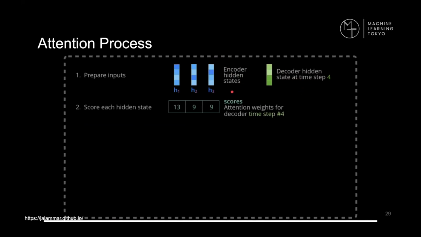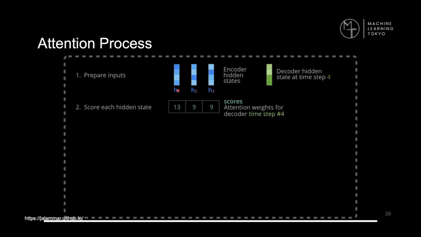Okay, and then we use our attention scoring functions, the functions which I just showed you, to put a score to all three of them. So this is 13, this is 9, this is 9. And what this is doing for you is that it's going to tell the decoder network which hidden state is the most important one, or how much to concentrate or how much to pay attention to which hidden state while I'm trying to produce an output.